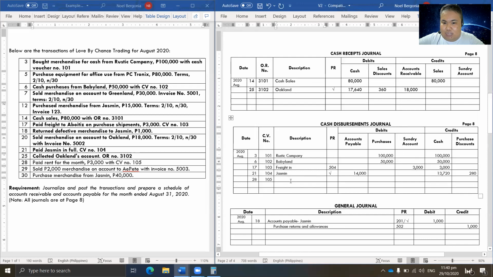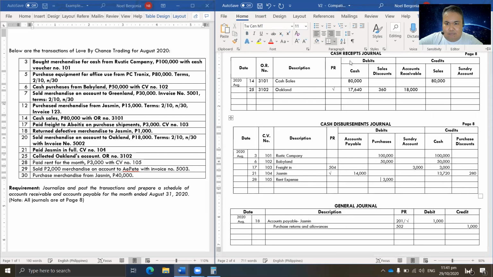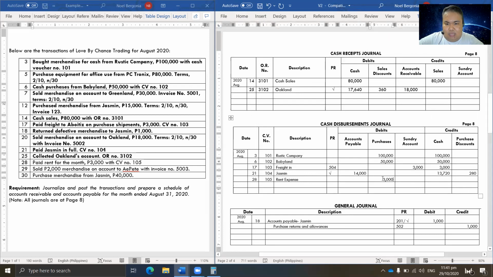Wala, di ba? So anong gagawin? We again record it in the sundry. So we debit rent expense, 3,000. And we credit, of course, cash din, 3,000 pesos.